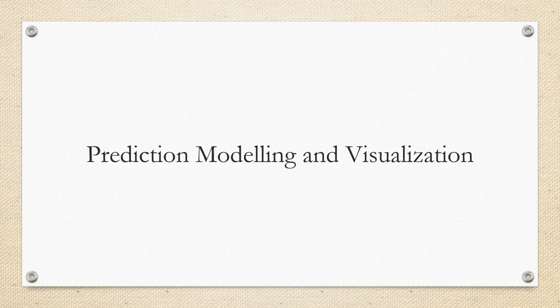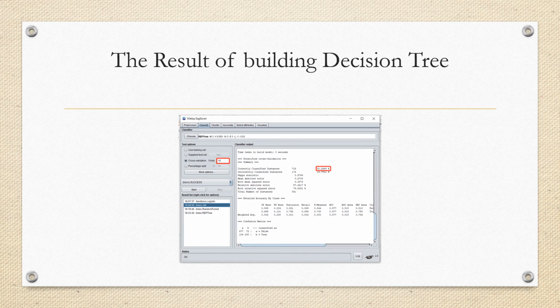Now we want to build the predicting model. This slide introduces the result of building a decision tree, also with 10-fold cross validation.